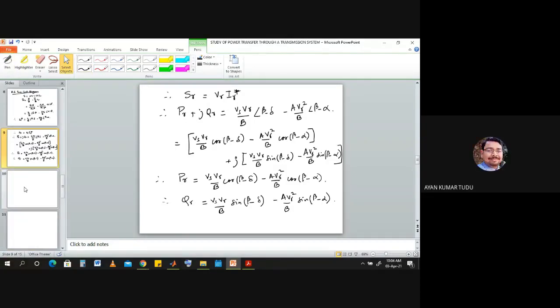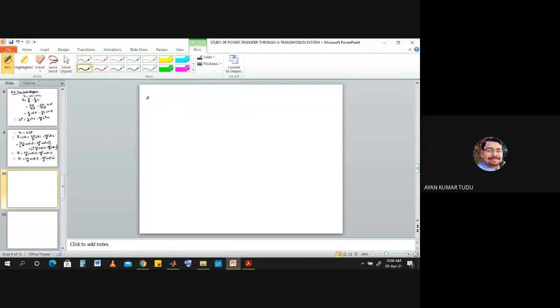Yes, sir. So what would be the power circle diagram? It would be something like this: PR plus AVR square by B cos of beta minus alpha, whole square, plus QR plus AVR square by B sine of beta minus alpha, whole square, is equal to Vs VR by B, whole square.